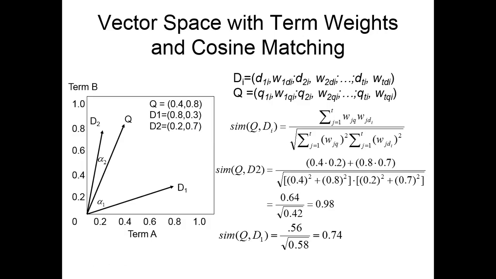So we are trying to see the similarity between the query and the document in the case of vector space using cosine similarity. What is the similarity score of the given query and document 1? What is the similarity score of the given query against document 2? See the similarity between the given query and document 2.